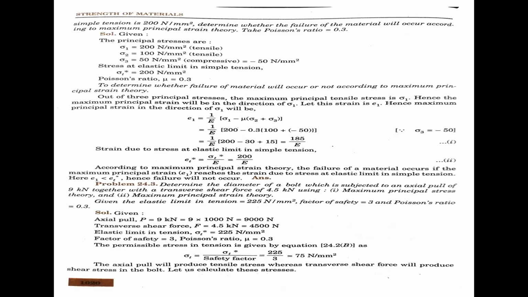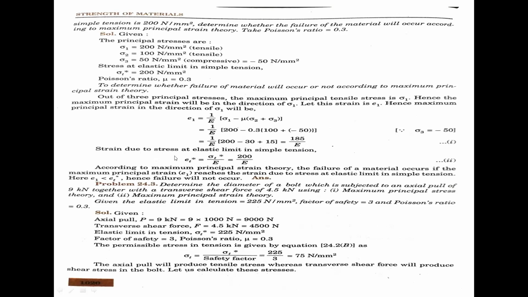Sigma 1, sigma 2, mu and sigma 3 are all known, so substitute these values: sigma 1 equal to 200, mu equal to 0.3, sigma 2 equal to 100, and sigma 3 equal to minus 50. Finally we got the value 185 divided by capital E.